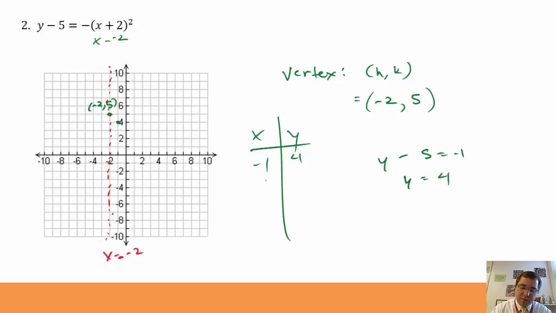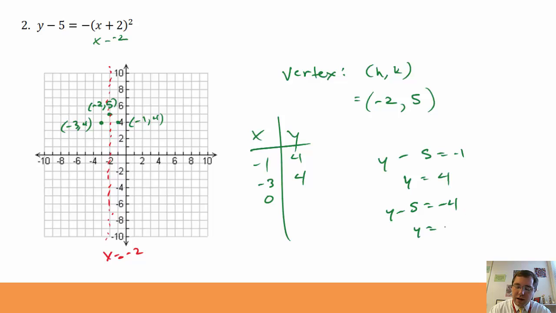So when x is negative 1, y is 4. When x is 1 to the left of the vertex at negative 3, we're also going to be at 4 because of symmetry. So we're at negative 1, 4, and negative 3, 4. And let's plot another point. If x is 0, 0 plus 2 is 2. 2 squared is 4. So we'll have y minus 5 equals negative 4.